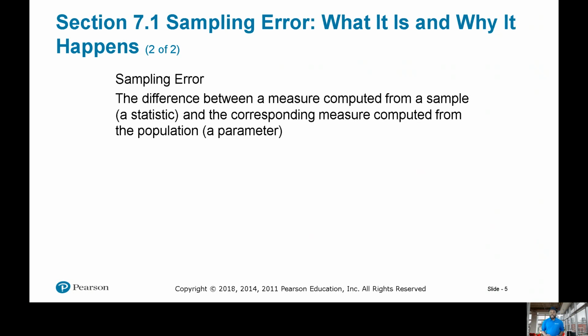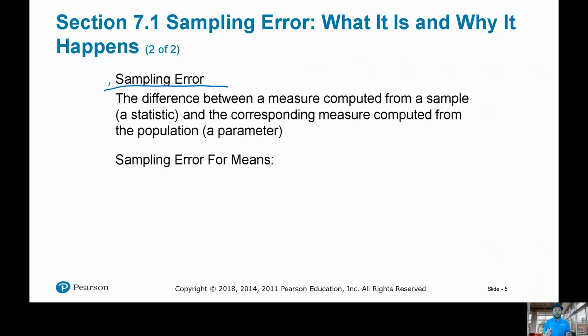Now we know what a sampling error is: the difference between a measure computed from a sample, which is a statistic such as the sample mean or the sample proportion, and the corresponding measure computed from the population, a parameter such as the population mean or population proportion.